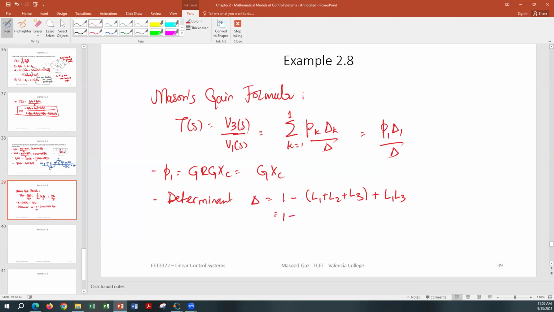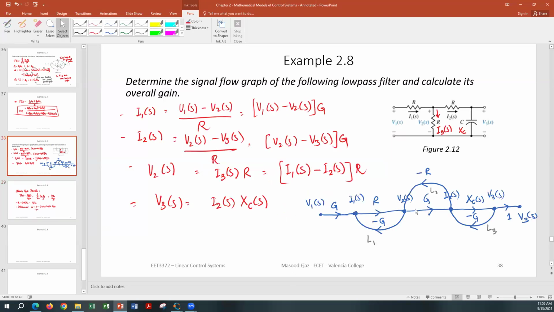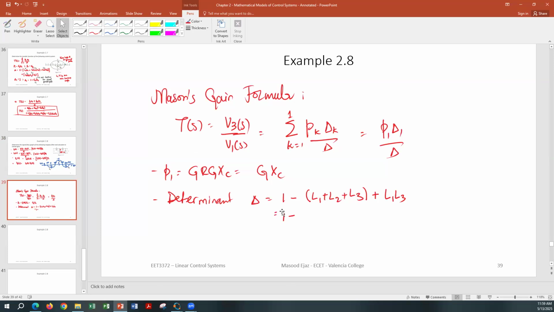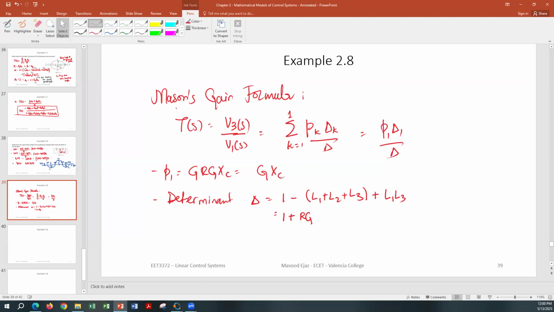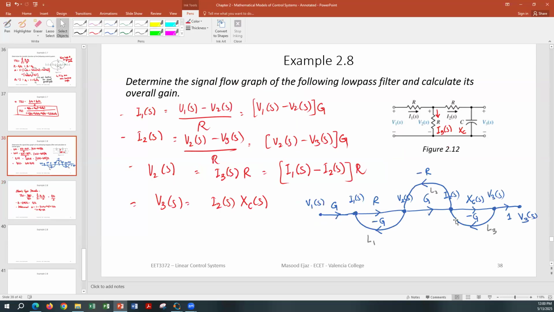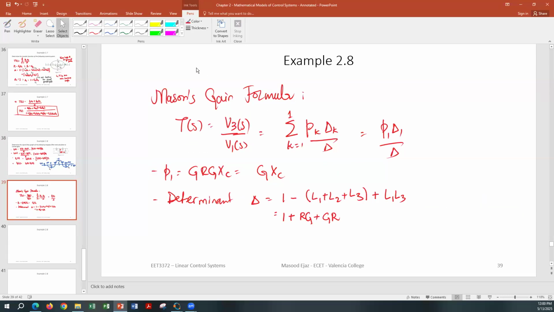That's going to give us 1 minus L1, which is R times negative G. So minus minus plus, I'm going to write down R times G. L2 is again G times negative R, so plus G times R. L3 is negative G times X_C, so again plus G times X_C.